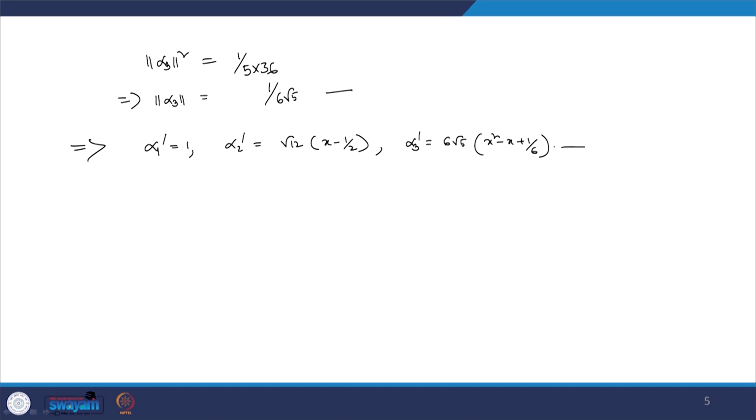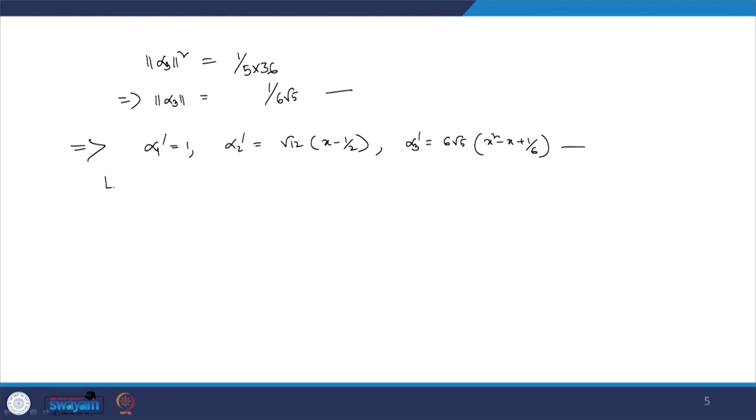You can immediately cross check whether this alpha 1, alpha 2, alpha 3 are orthogonal or not. That we can check by taking the inner product of alpha 1 prime and alpha 2 prime, that must be equal to 0, or alpha 2 prime and alpha 3 prime must be equal to 0. We can quickly check it and see they are orthogonal.